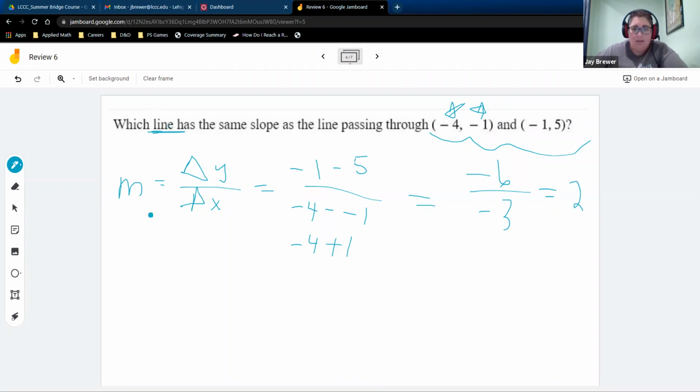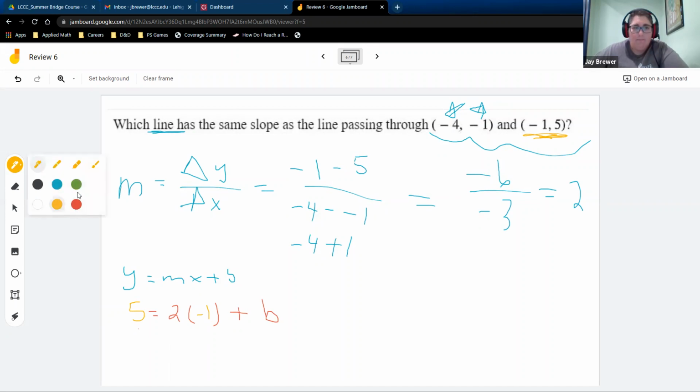Now we have to find the line. So if we do y equals mx plus b, we have to find the missing pieces. So we have our slope is 2. And what we really need right now is our y-intercept, which is our b. So we're going to pick one of these points. Let's work with this one. So y is 5, x is -1.